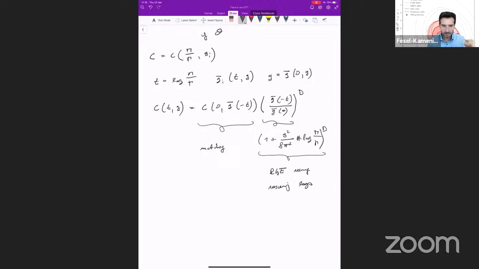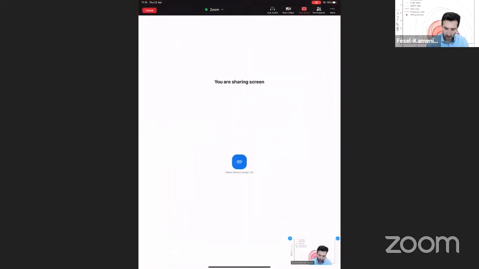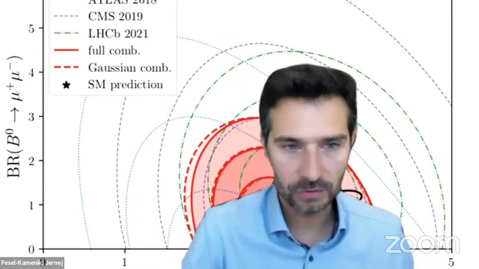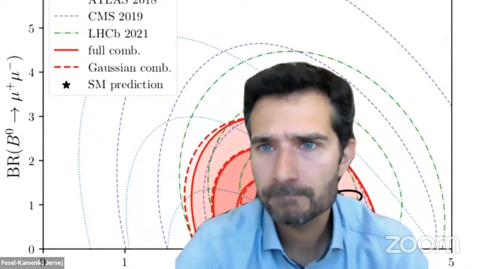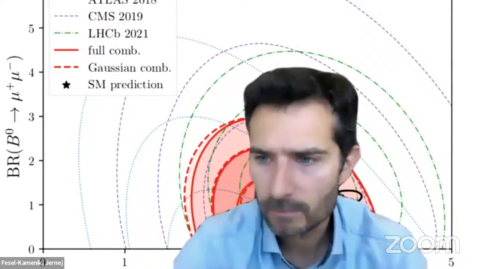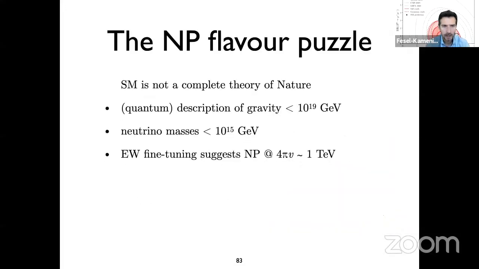perturbatively and systematically compute effects of heavy degrees of freedom on low energy observables, let me switch back to my slides. And discuss the following.